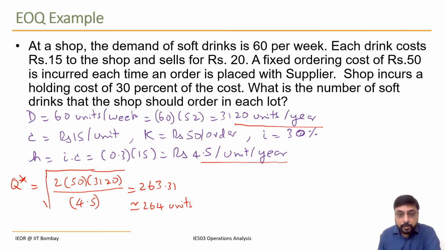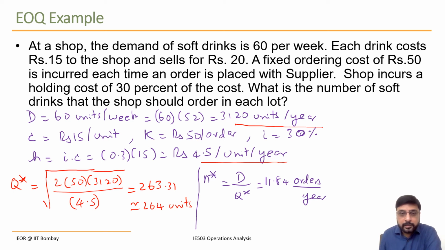We can also compute other parameters of interest. For example, the number of orders placed in that year is N star, which is nothing but D by Q star, which comes to about 11.84 orders per year, slightly less than 12 orders a year.